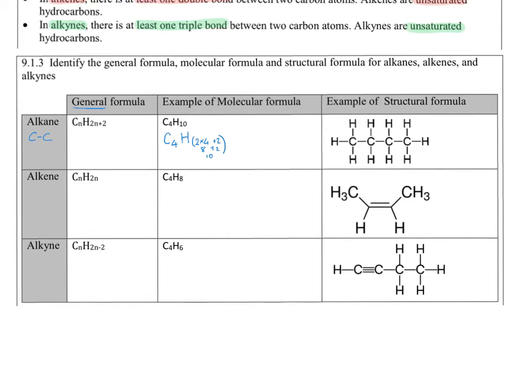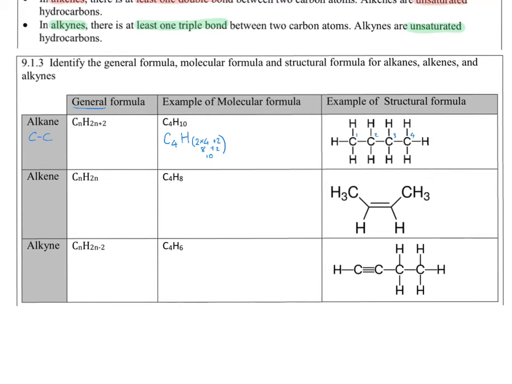We would draw out our structural formula showing the bonds. Each carbon has got 4 single bonds. We have carbon 1, carbon 2, carbon 3, carbon 4. Single bonds between the carbons, making sure that the hydrogens make up the bonds so that every carbon has 4. Then we're looking at alkenes.